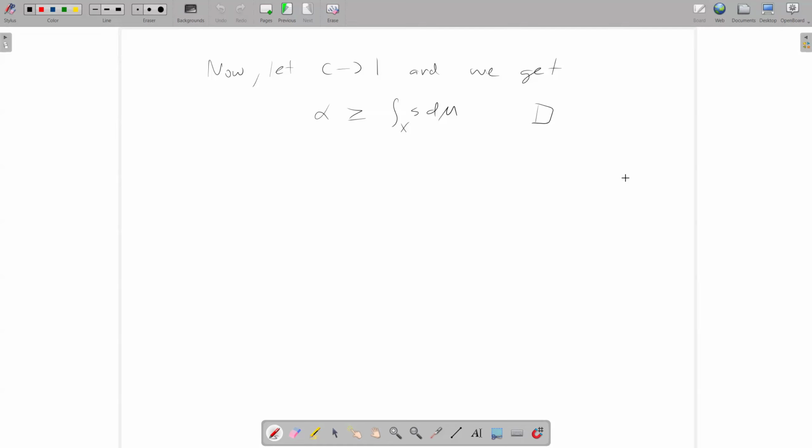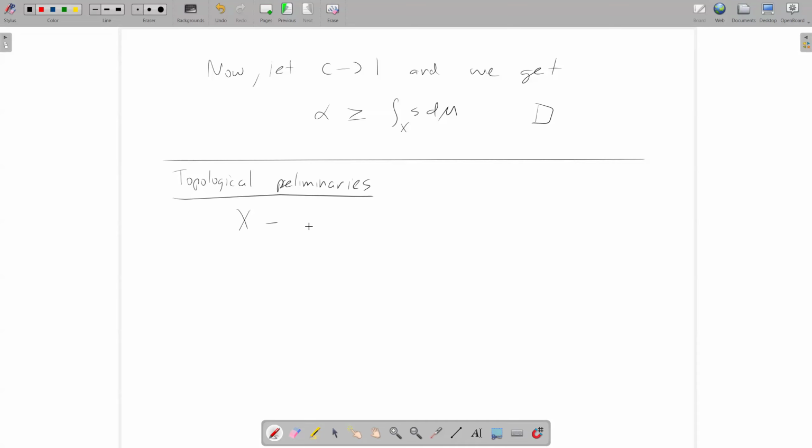Okay, so now what I want to do is move to some topological stuff. So let's look at some topological preliminaries. There's so much that I want to say here.